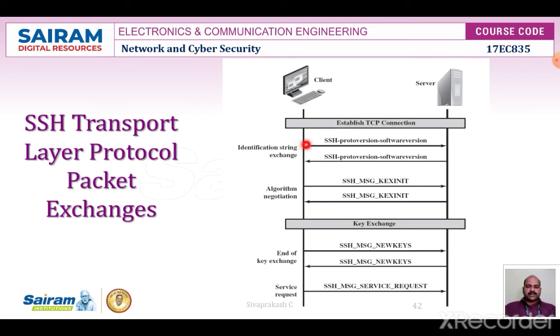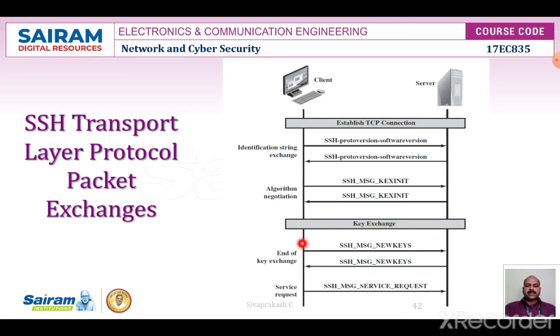We already came across this in the last video. SSH provides a protocol version and software version, and the client and server exchange them, and the algorithm is negotiated by the client with the help of a message to the server, which authenticates the same kind of algorithm. Then a key exchange is processed.